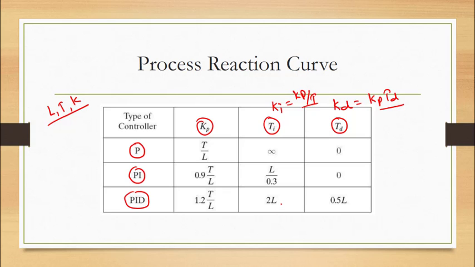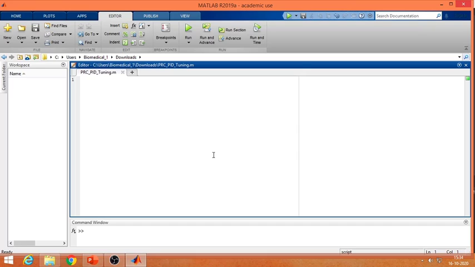Okay, so let's try to take one simple example in MATLAB, and we will try to tune our PID controller. Take any random system, and let's see how we can use MATLAB to design our PID controller.